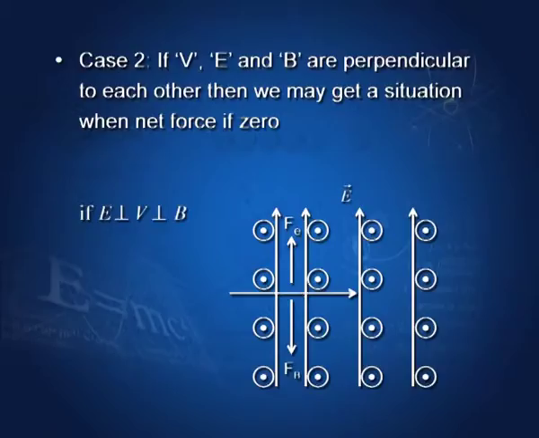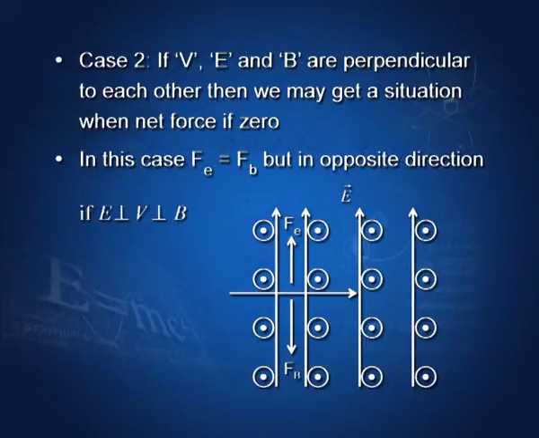Situation number 2: if the velocity, the electric field and the magnetic field are perpendicular to each other, then we may get a situation when the net force is 0. In this case, the force due to the electric field will be equal to the force due to the magnetic field, but both forces have to be in opposite directions.